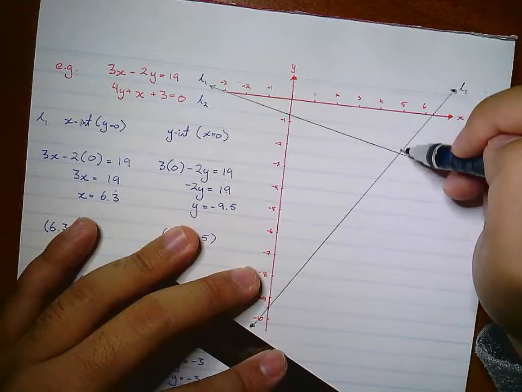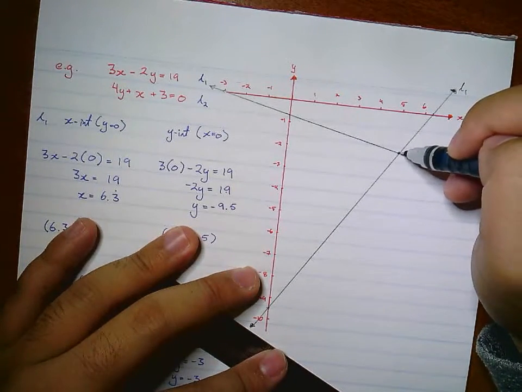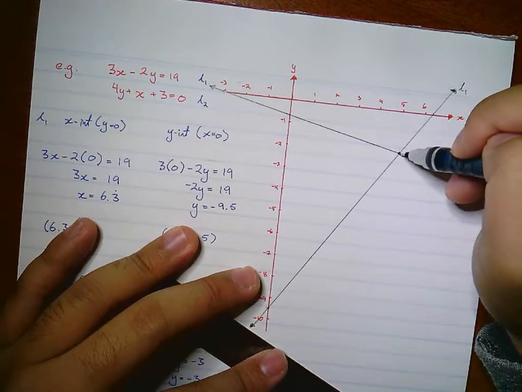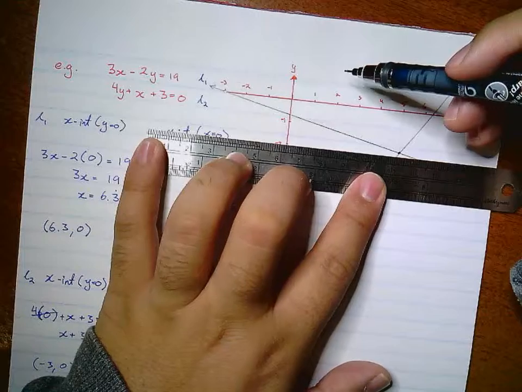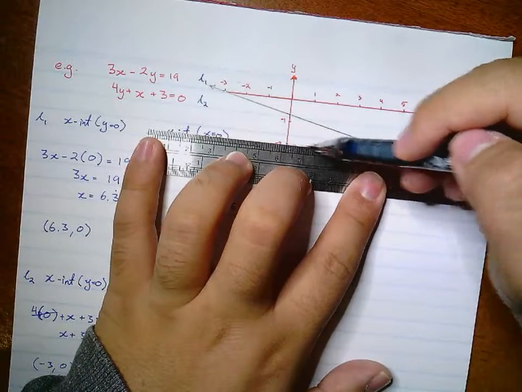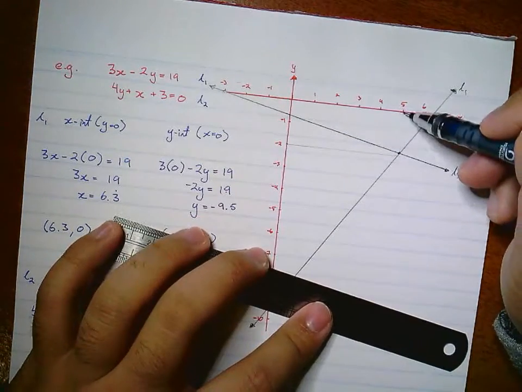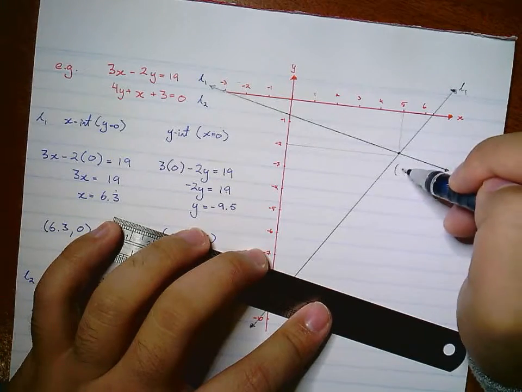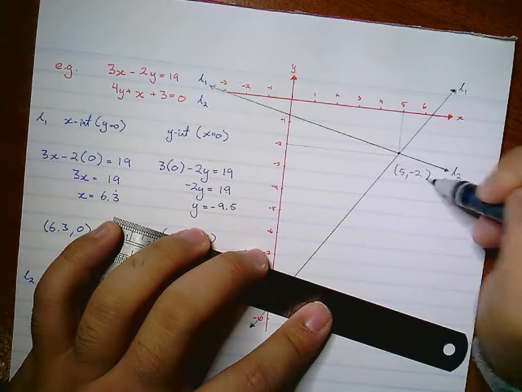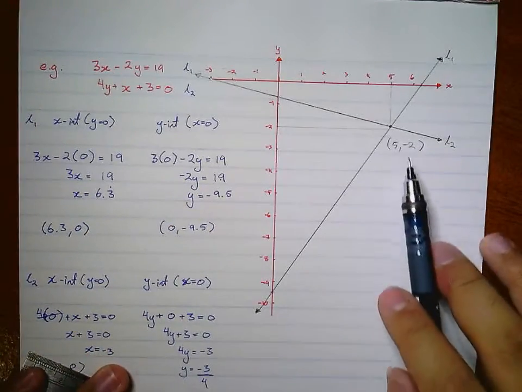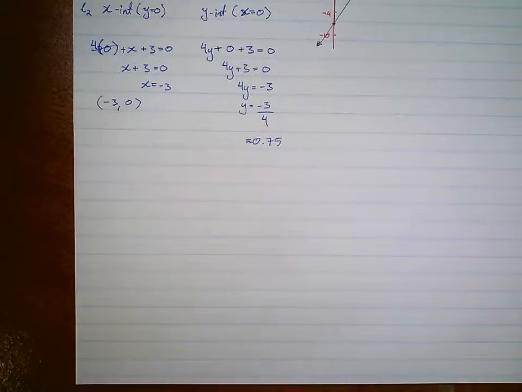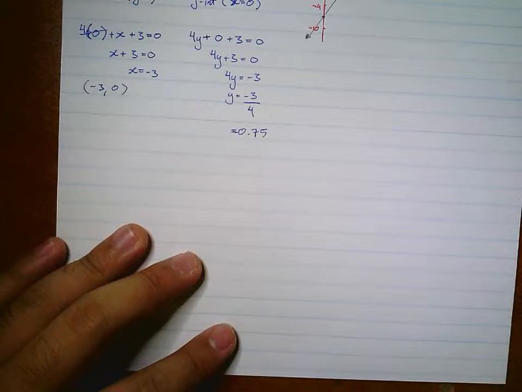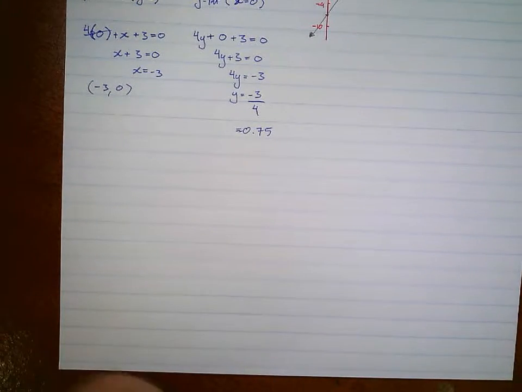And from the looks of it, it looks like it's intersecting at 5, negative 2. Oh, it's a bit off from the graph, which is a good segue. So let's test 5, negative 2. Let's see whether or not this works. Okay, so now this is the guess and check portion of this segment.